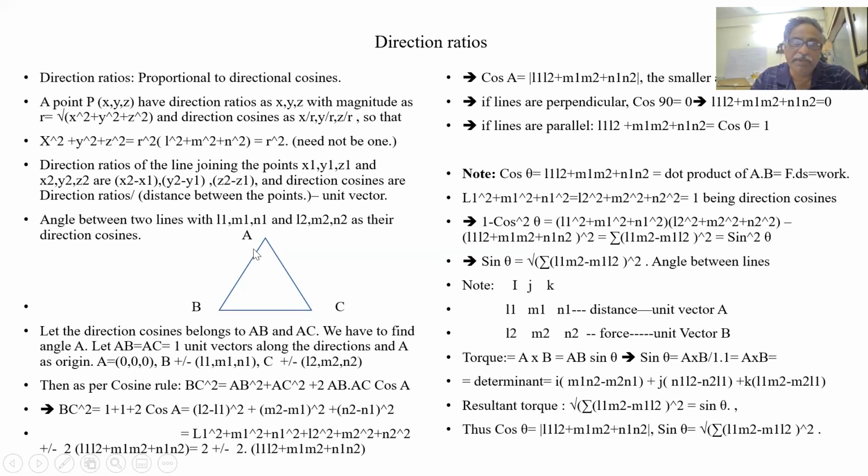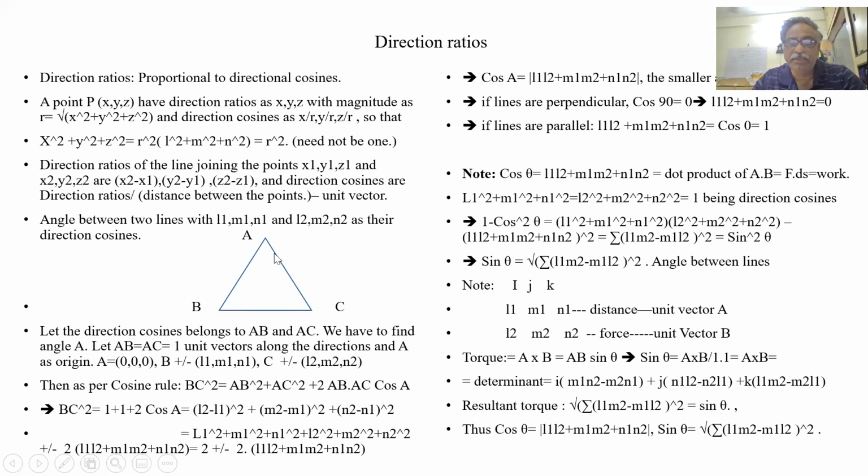So if the lines are perpendicular, then what happens? Cos A is 0, cos 90 is 0. So L1 L2 plus M1 M2 plus N1 N2 is 0, which shows that both AB and AC are perpendicular. What are L1 L2, M1 M2? They are nothing but the direction cosines of AB and AC, assuming A as origin. A can be x1, y1, z1, but when I put x2 minus x1 by the square root, by AB, this becomes L1.